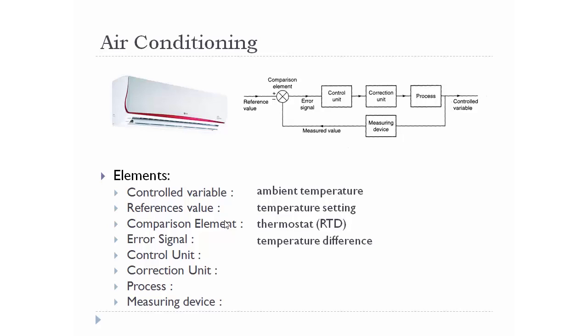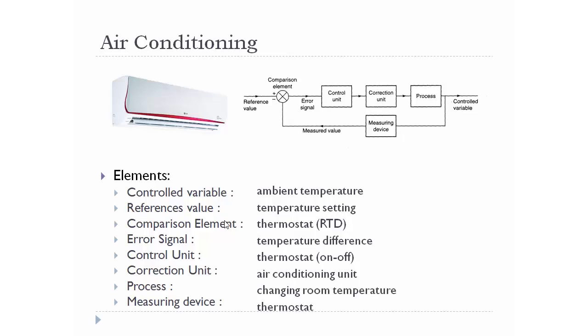The error signal is the difference between the temperature that you set and the ambient temperature. Then the control unit is the thermostat. The correction unit is the air conditioning unit. The process is changing room temperature. Then the measuring device is the thermostat.